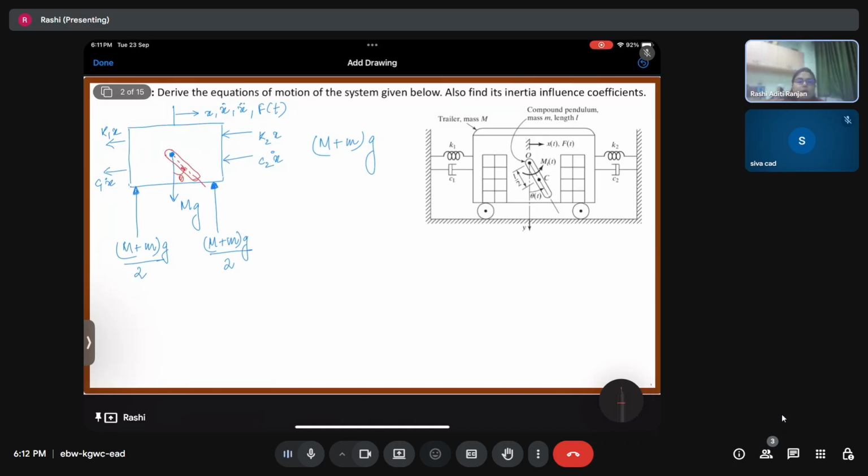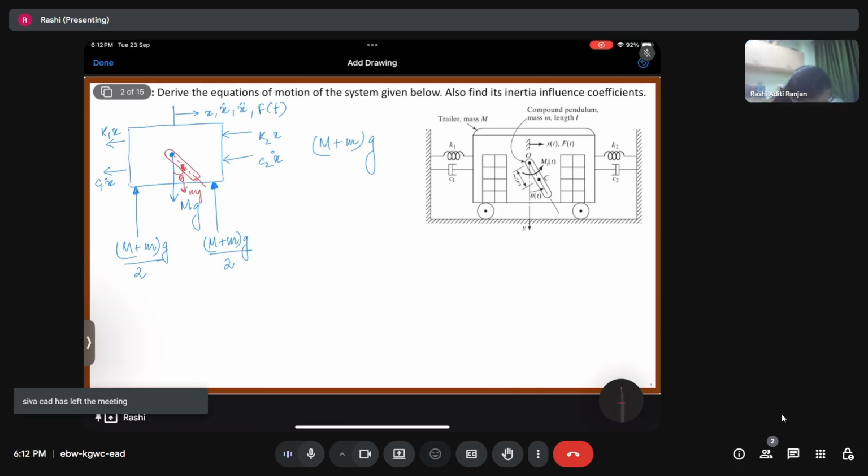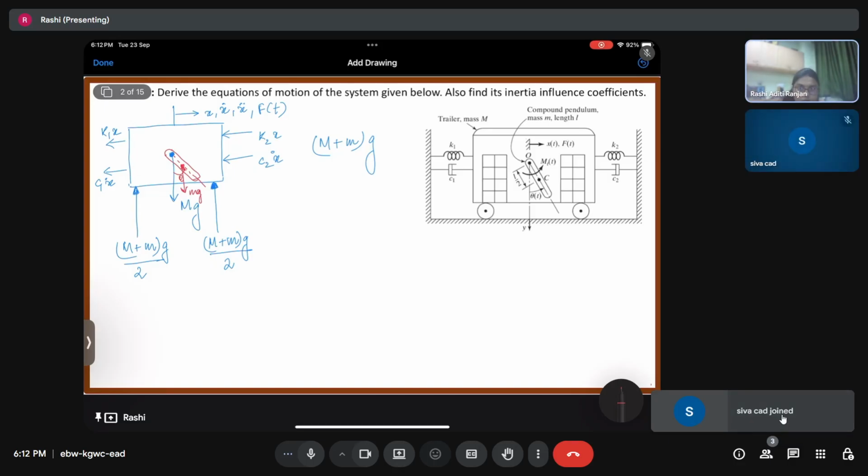Because of this movement theta, definitely it is going to have an mg over here like this. Now, if you look at the compound pendulum, what is actually happening? Let us make a better view of that over here.